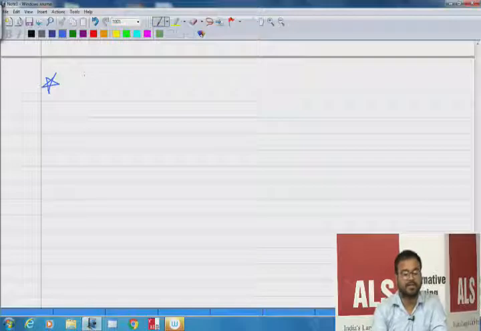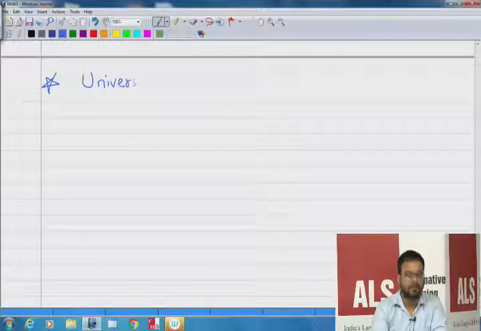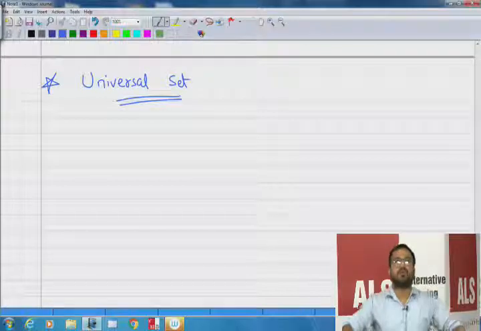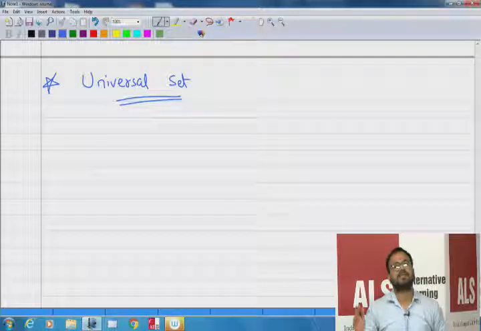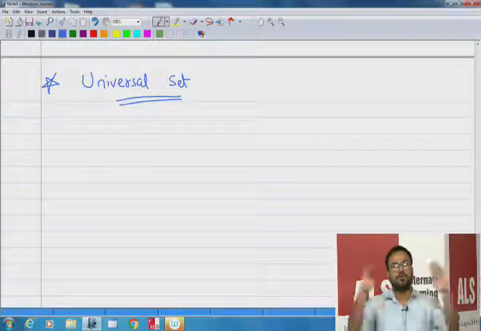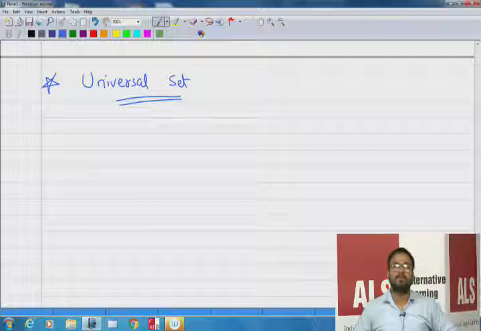Note down the next one. That next type of set after subset is called the universal set. Now, universal set basically means, suppose we are talking about natural numbers. We have some sets of natural numbers like 1, 2, 3, 4, 5, 6, 7, 8, 9. So the set of all natural numbers will be called the universal set for that set.